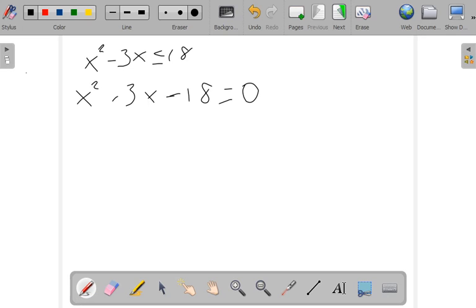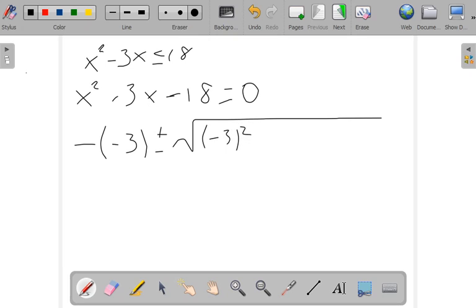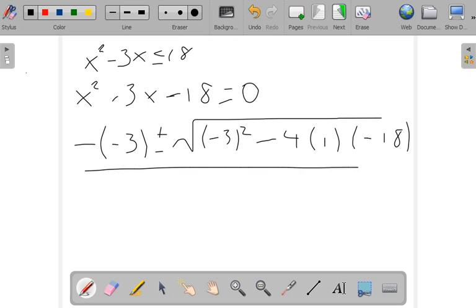So our quadratic formula is negative b plus or minus square root b squared minus 4ac all over 2a, right? Hopefully y'all remember the little song. So if we write that out, we have negative b, so negative 3 plus or minus the square root of b squared, so negative 3 squared, which will give you a positive, minus 4 times a, which is 1, and c, which is negative 18, all over 2 times your a term, which is 1.